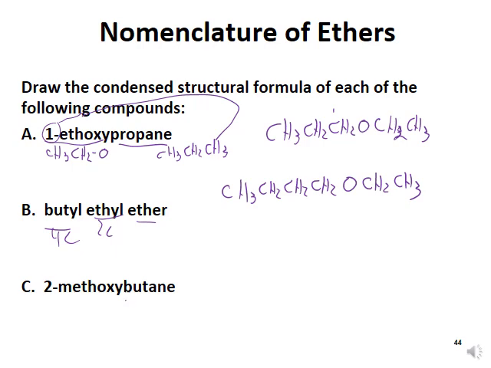2-methoxybutane, so that's a 4-carbon chain, and a methoxy group, which is a CH3O, is off carbon 2. So let's draw our carbon, carbon, carbon, carbon chain.